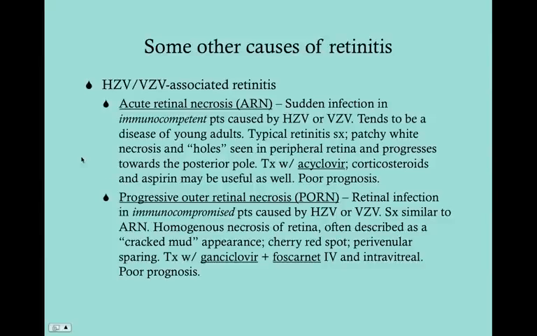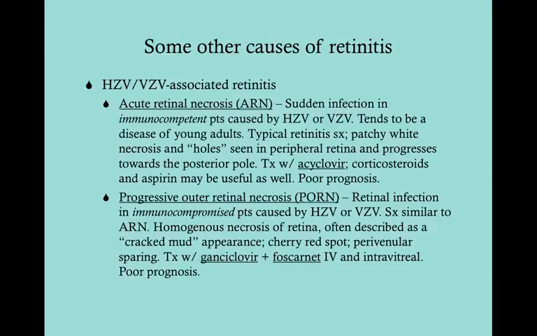Okay, so the other one that is associated with zoster is PORN. And by PORN, I don't mean the dirty material, I mean progressive outer retinal necrosis. And this is a herpes zoster or varicella zoster retinal infection that is seen in immunocompromised patients.